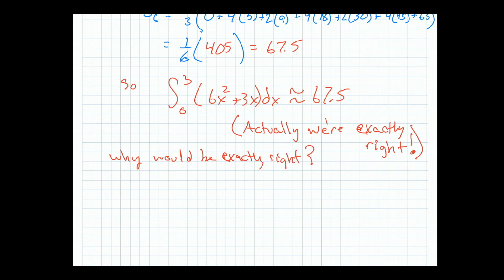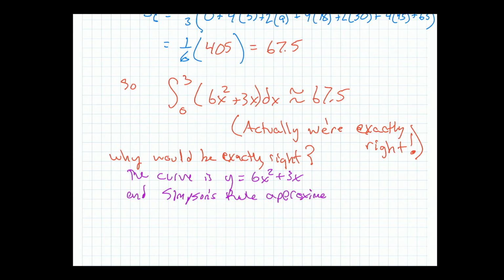Well, think about it. Our curve was this. The curve is y equals 6x squared plus 3x. And Simpson's rule approximates your function as piecewise quadratic.